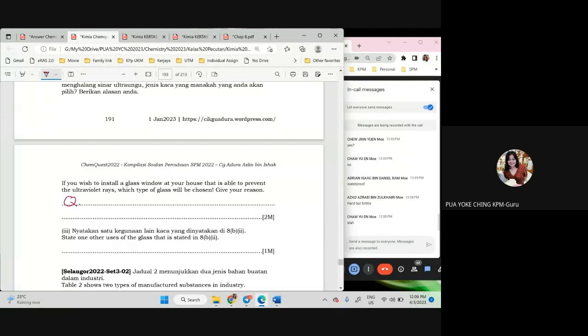Okay, my question is how you explain? You can write Q, you can write photochromic glass or whatever. Why you choose Q? Anyone want to try? Ini ada dua jawapan. Satu jawapan panjang, satu jawapan pendek.